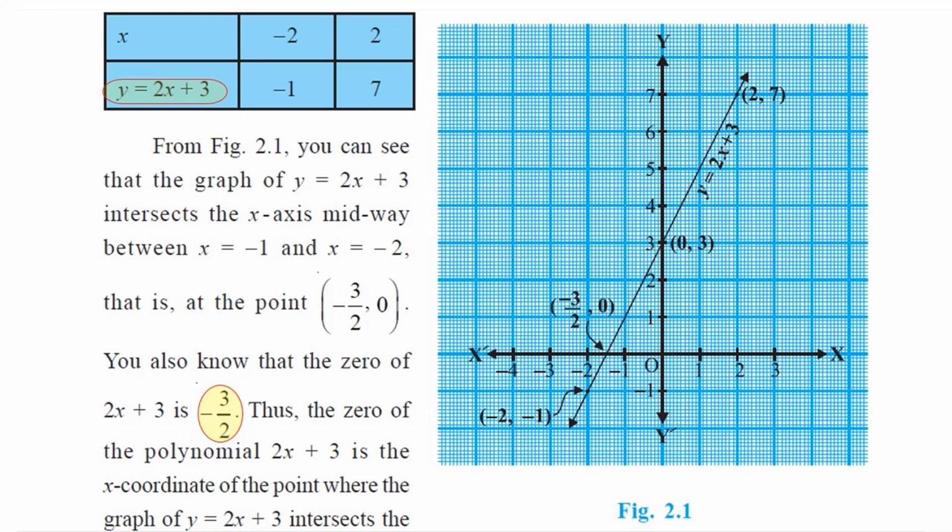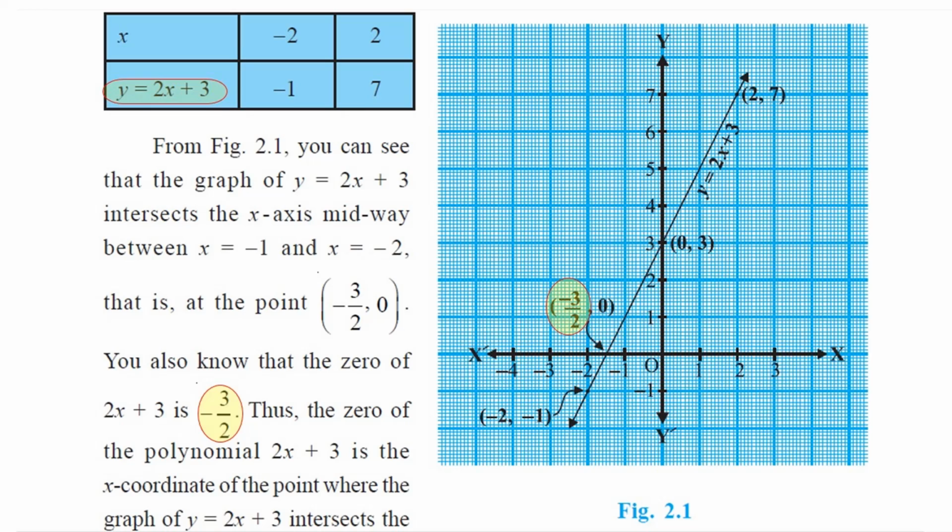So where does this line intersect the x-axis? It intersects the x-axis here. The coordinates of this intersecting point are (minus 3 by 2, 0), and the x coordinate is minus 3 by 2.